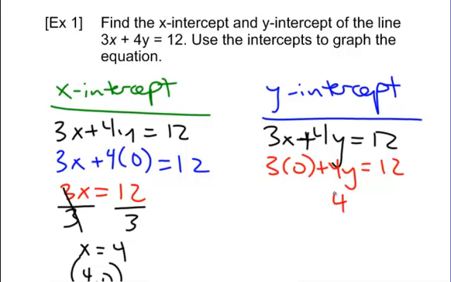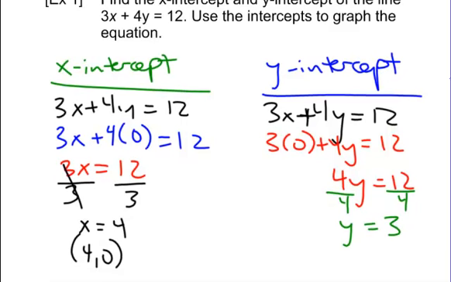But we have a 4y left, and we have a 12 left. Now we just solve the equation. Divide by 4, y equals 3. Remember, x was 0 and y is 3, so that point is 0, 3. Now we have 2 points, our x-intercept and our y-intercept. All we did is make the opposite one 0. For the x-intercept, you make y 0. For the y-intercept, you make x 0, and then solve.